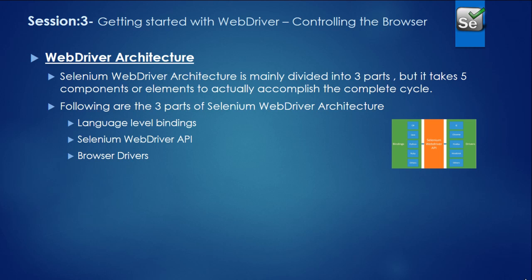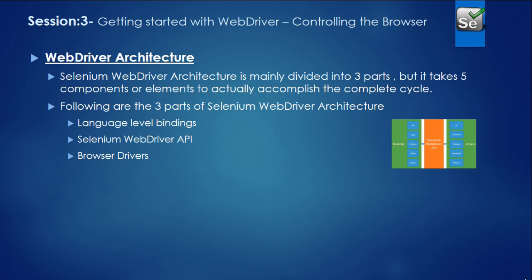Every browser has different logic of performing actions like loading a page, closing the browser, and so on and so forth. So browser drivers communicate with the respective browsers without revealing the internal logic of the browser's functionality. The basic idea here is that each one of these drivers knows how to drive the browser that it corresponds to.